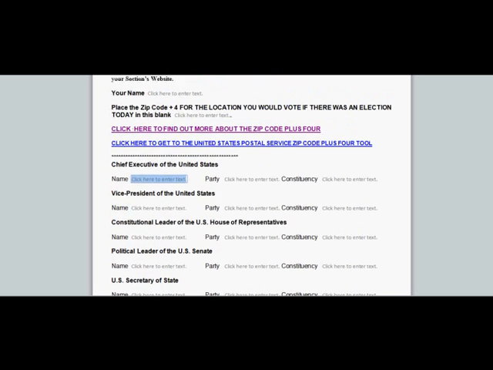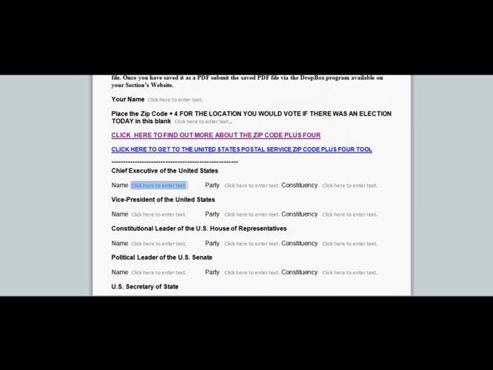Another reason that I give this assignment is because I want you to go out and find the particular names of the people that fill each of these positions. Now you need to understand that I realize that in a couple of years a lot of these names are going to change. So the idea behind this assignment is not so much that you go out and find the name of the person that represents you in these offices and memorize that name.